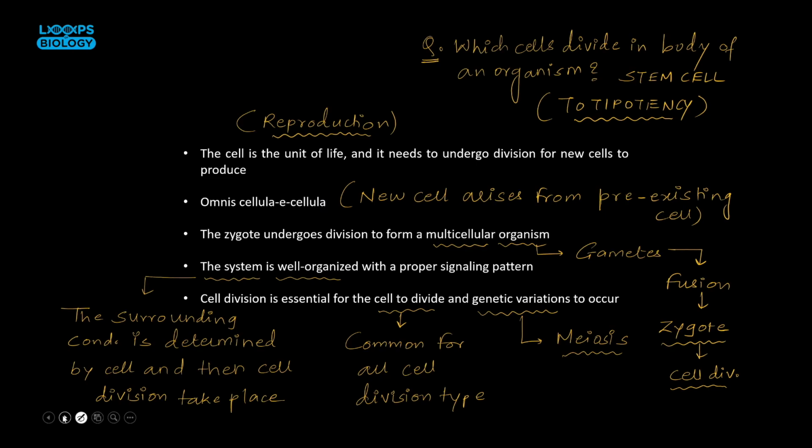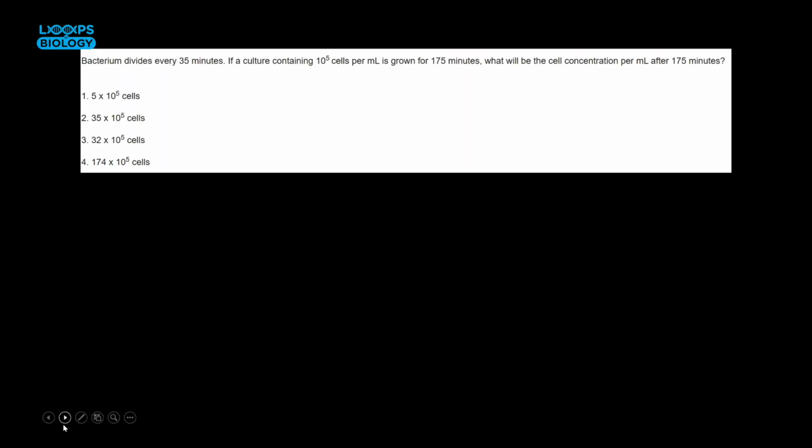Alright, so let's move to your next part, that is your question. The bacterium divides every 35 minutes. So if we are considering a bacteria, that is nothing but your prokaryotic cell. So this is prokaryotic cell, and it is unicellular in nature. So it undergoes cell division in such a way that one cell divides to form two cells.